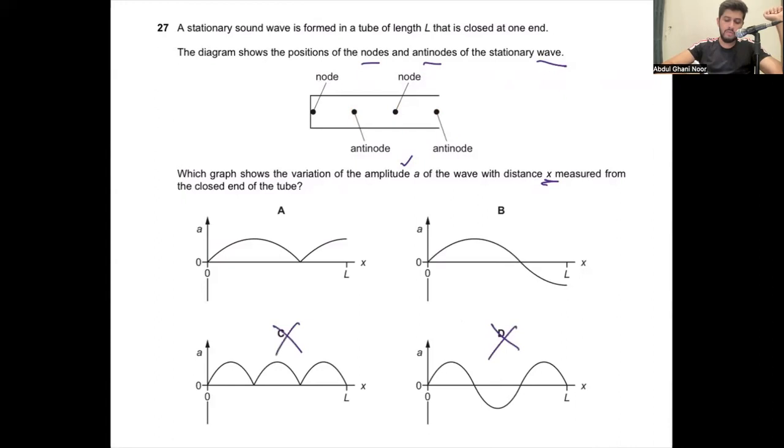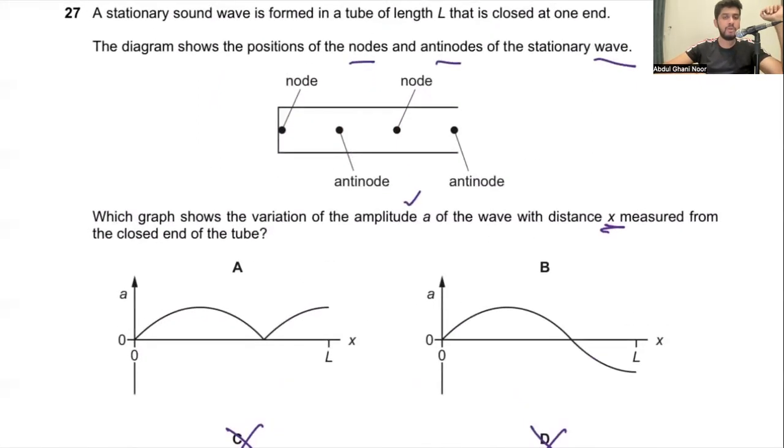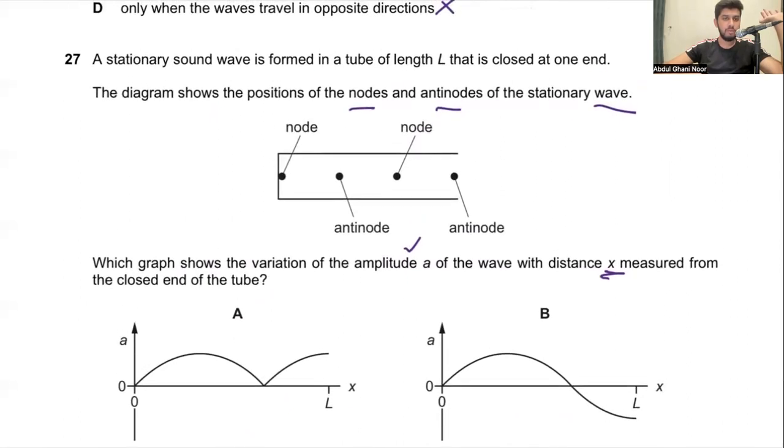क्योंकि देखो नोड कितनी दफा आ रहा है? एक और दो दफा. तो 0 कितनी दफा होगा? 2 दफा होगा. You have 1, 2, 3, 4 zero amplitude at 4 instances. यहाँ पर भी 4 दफा 0 amplitude है. This is not possible. So either A or B. Now they are asking you for amplitude. ठीक है?